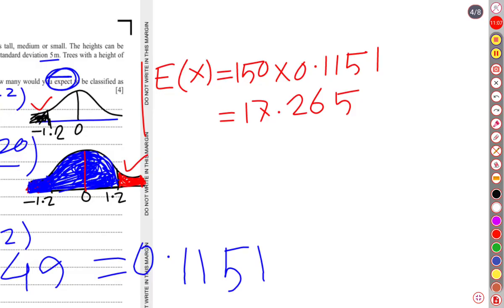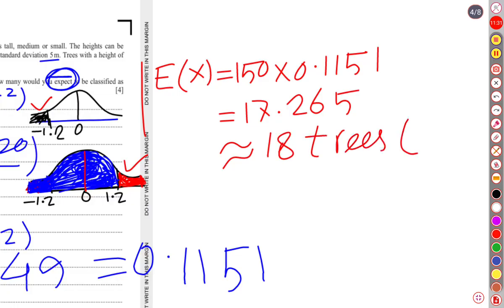The number of trees cannot actually be fractional. So there are two possibilities. If we round it to three significant figures, it is going to be actually 17 trees. But in another way, if we consider that it means more than 17 trees, it's actually 18 trees.